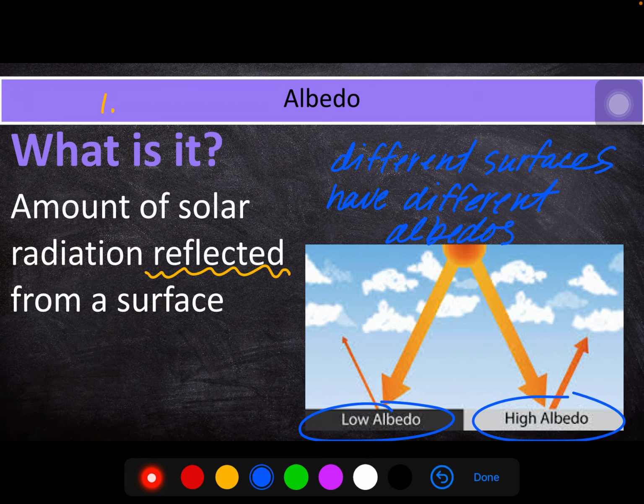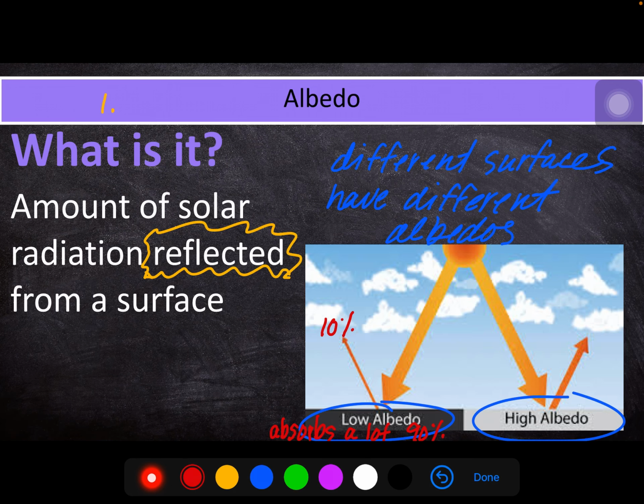So again, what it's measuring is exactly how much solar radiation is being reflected. So if we have a surface with a low albedo, of all the solar energy coming at that surface, just a small amount is reflected back into the atmosphere, meaning that surface is absorbing a lot, right? And in this particular example, it'd be 90%.